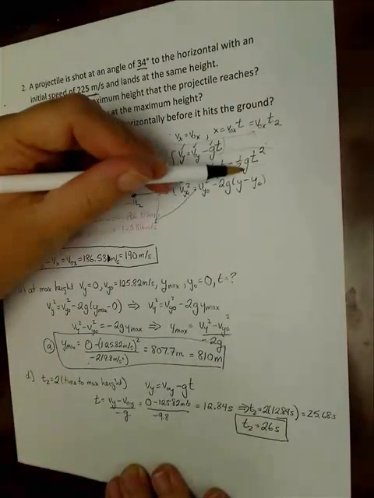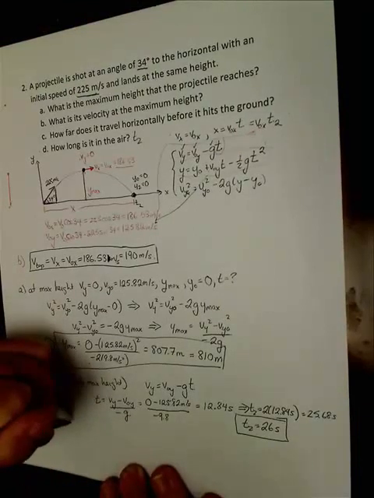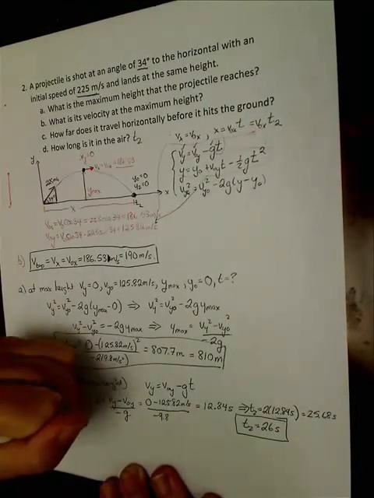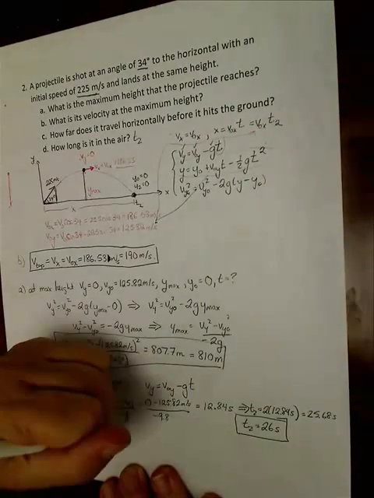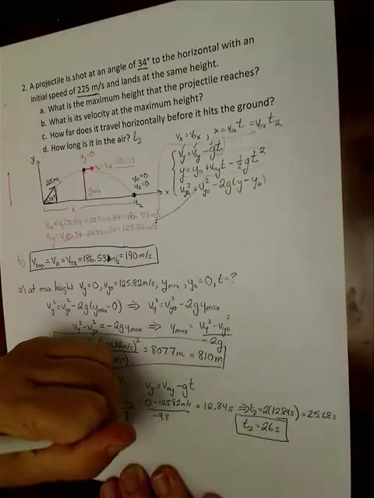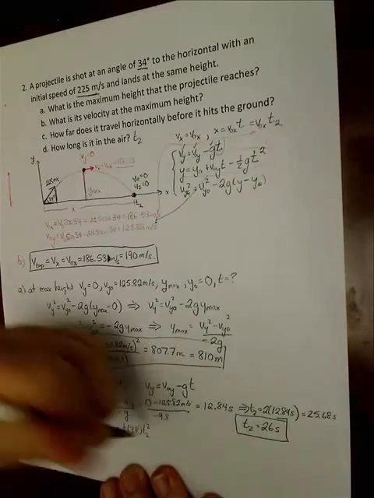Okay, so I can say, I use 0 is equal to 0 plus 125.82 times T2 minus 1/2 times G, 9.8, times T2 squared.